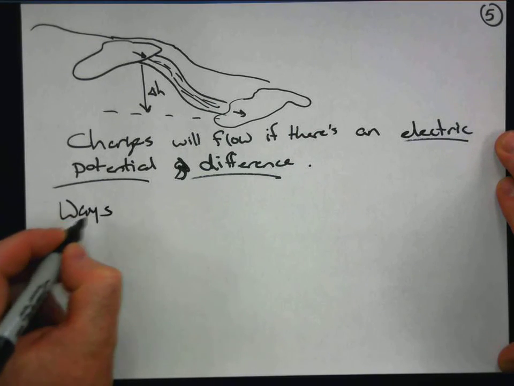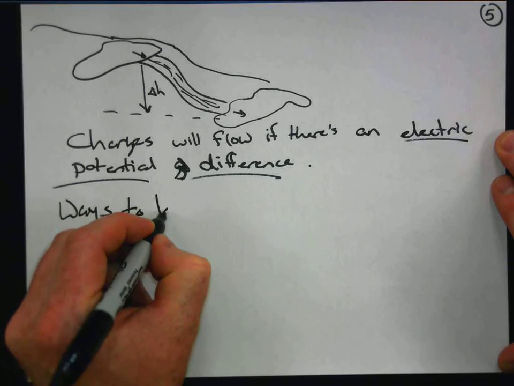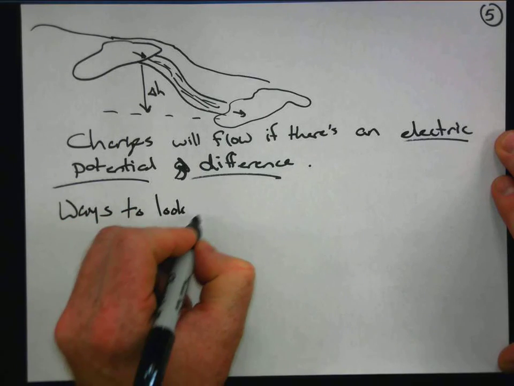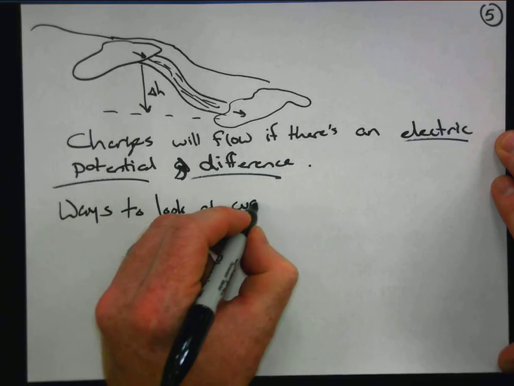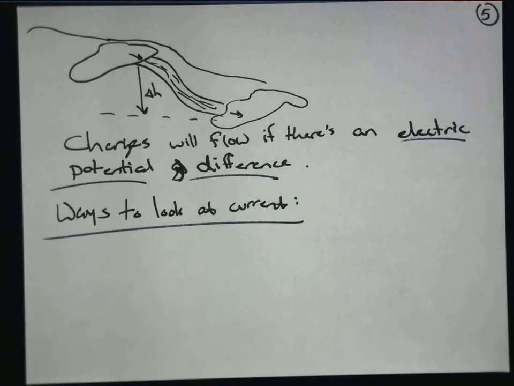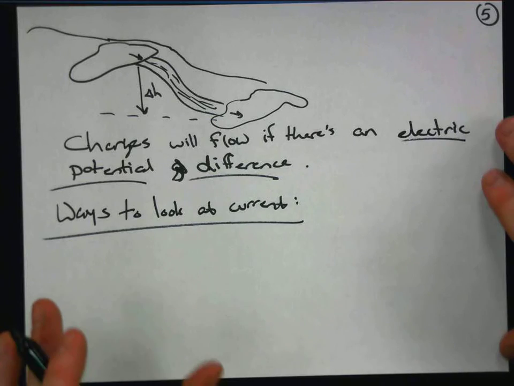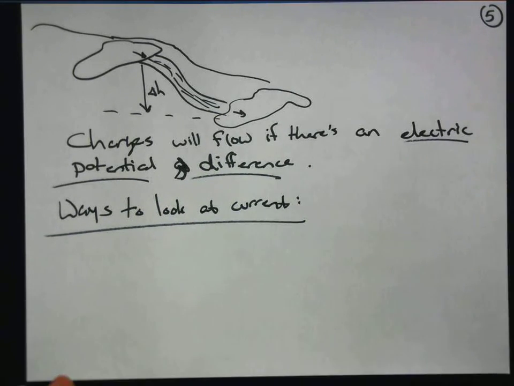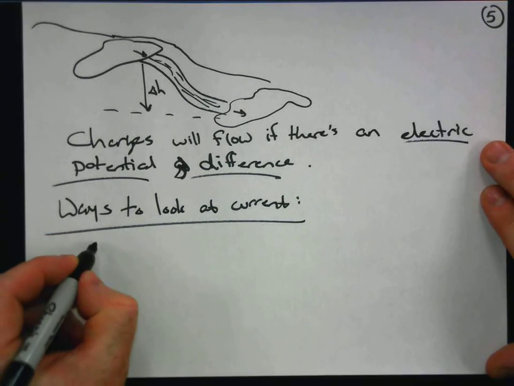Now regarding current, there are generally two ways to look at and talk about current. And we're going to wrap up the video with this. This is something that kind of bugs me because the way most people do this, it's wrong, and everyone knows it's wrong, but they agree to keep doing it this way anyway. So there's a thing called conventional current.